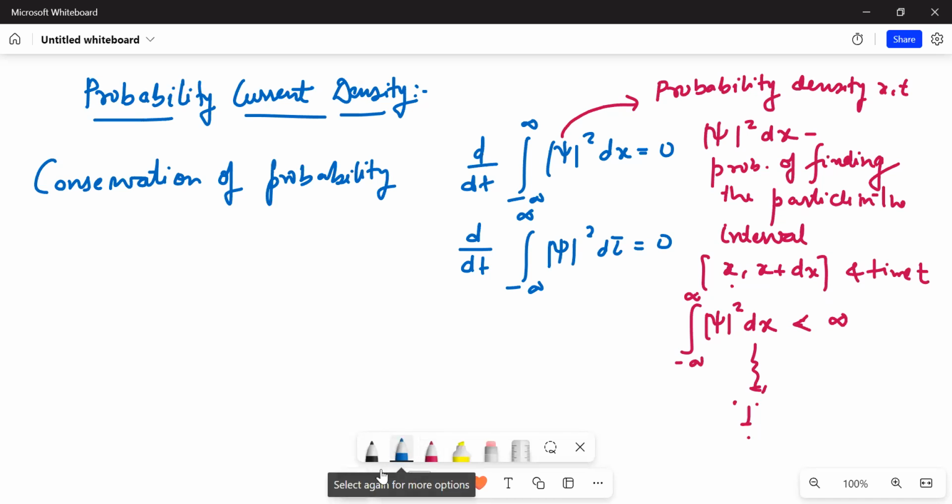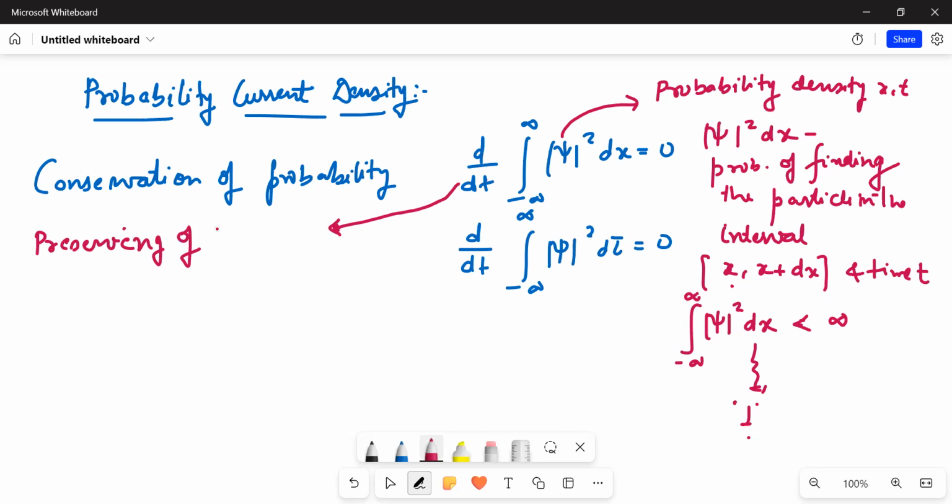Now, yesterday I also told you that this implies preserving of the normalization constant. That is, if you find a normalization constant, let's say a, at t equal to 0, then it remains the same at any future time.